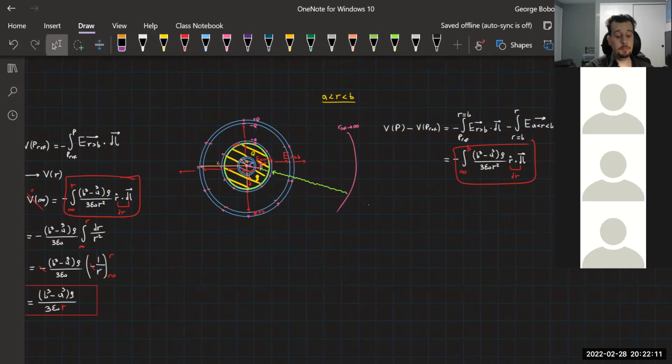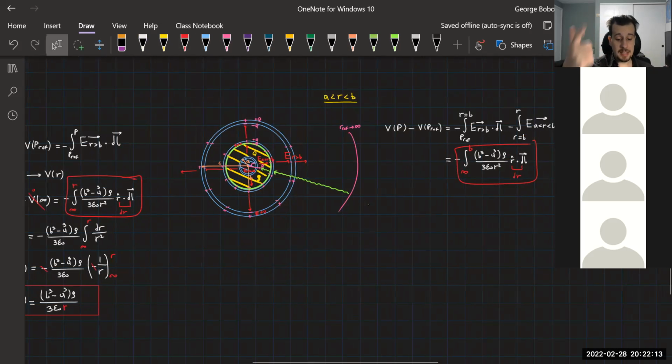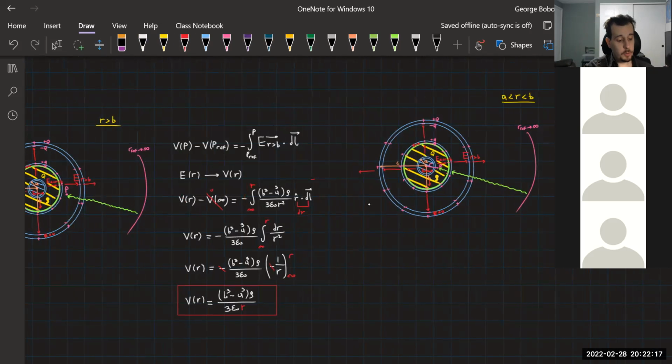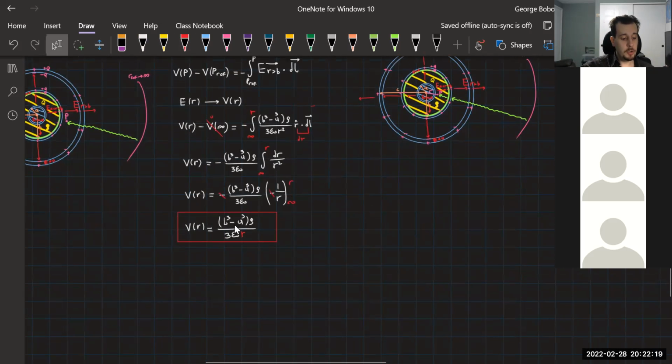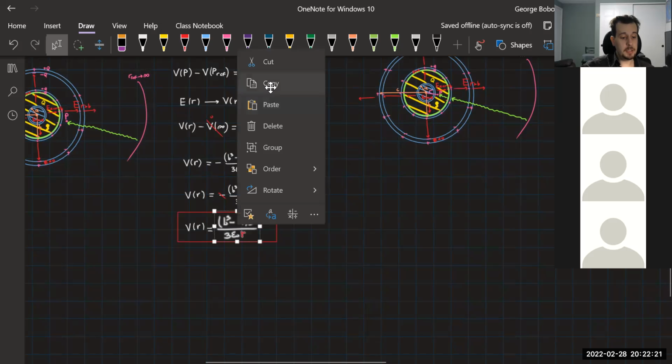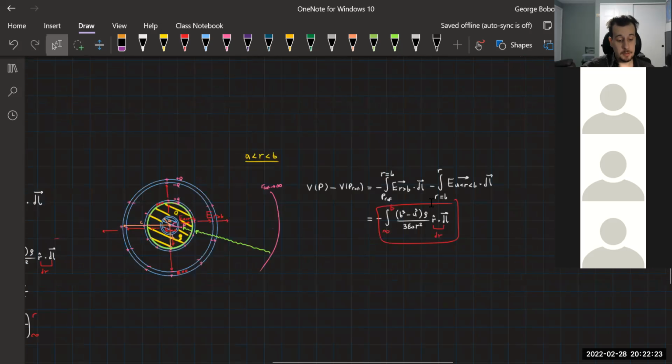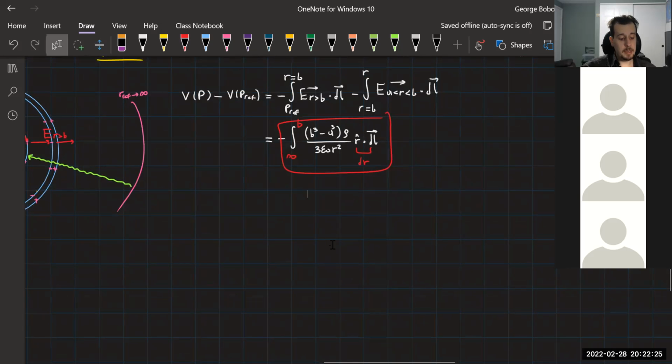They're exactly the same, but the upper bound is now b, which means I can steal the result from here with the substitution that little r is b. That is literally what I can do here.